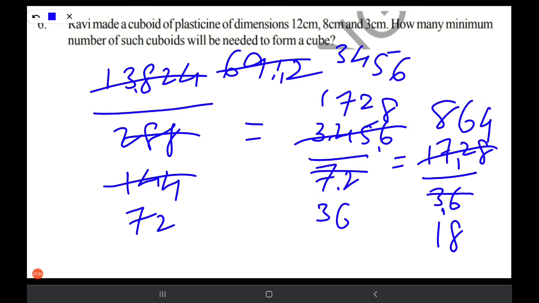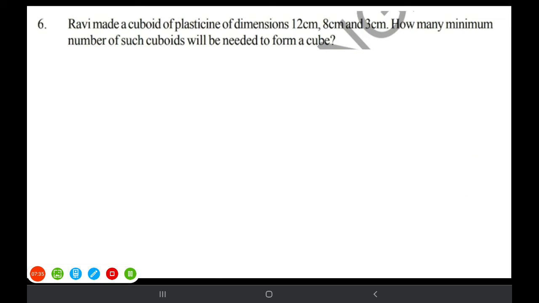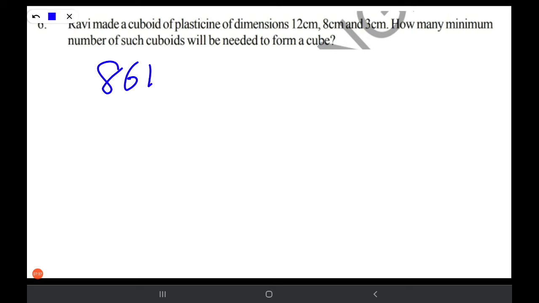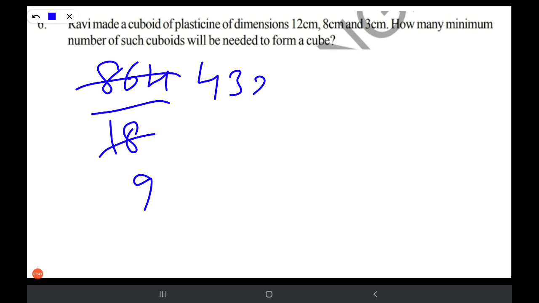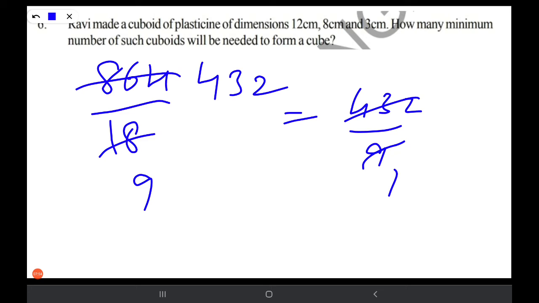I will erase the screen. 864 by 18. Again take the two table, the 2 nines, 2 fours, 2 threes, 2 twos. Take the 9 table. Is it possible to cancel in the 9 table? We shall try. 9 ones, 9 fours are 36.